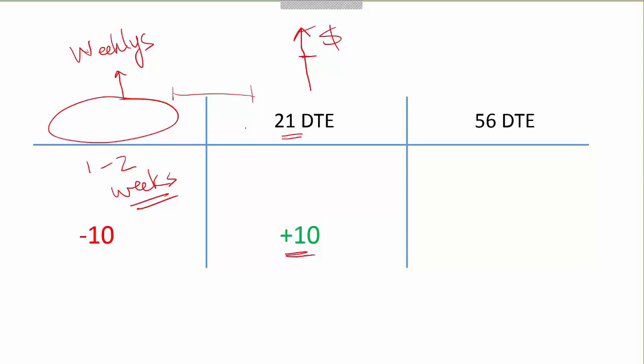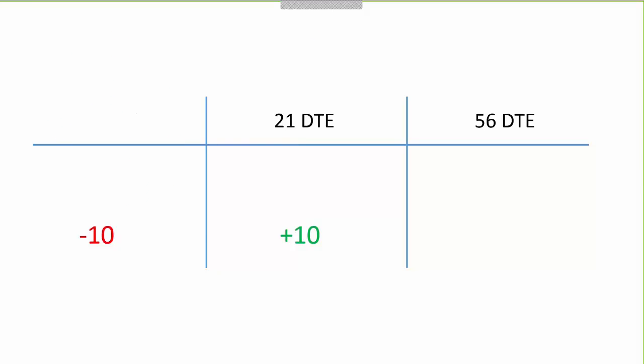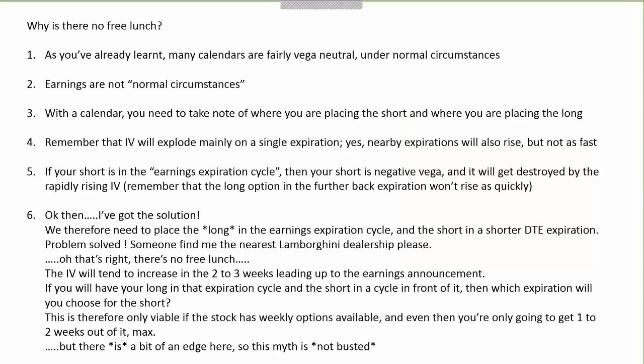But is there edge? Yeah, there is, in my opinion, okay? So this myth is not busted. I think there is validity to this concept, as long as you're anchoring the longs to the back month. Sorry, as long as you set your back month options to the expiration that is going to increase in IV the most. And that's obvious when you look at the chain, right? So that basically tells you what I've just walked you through.